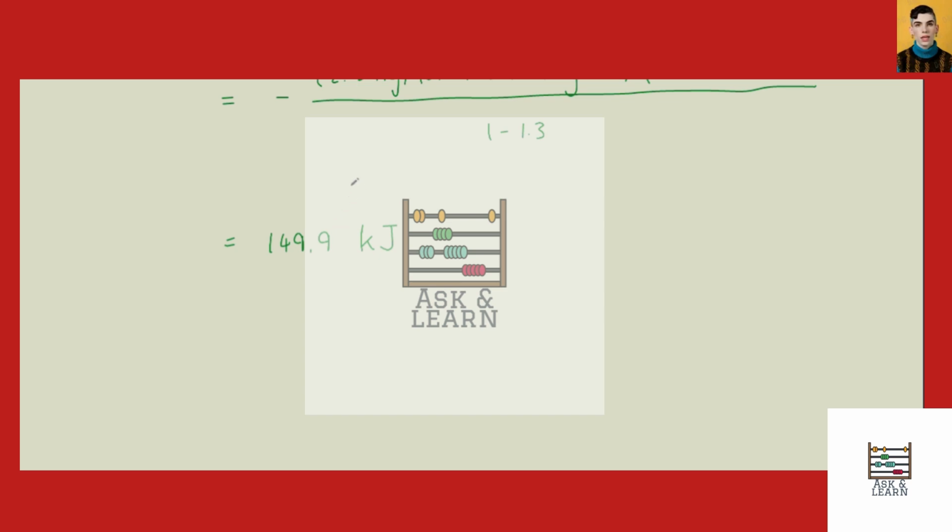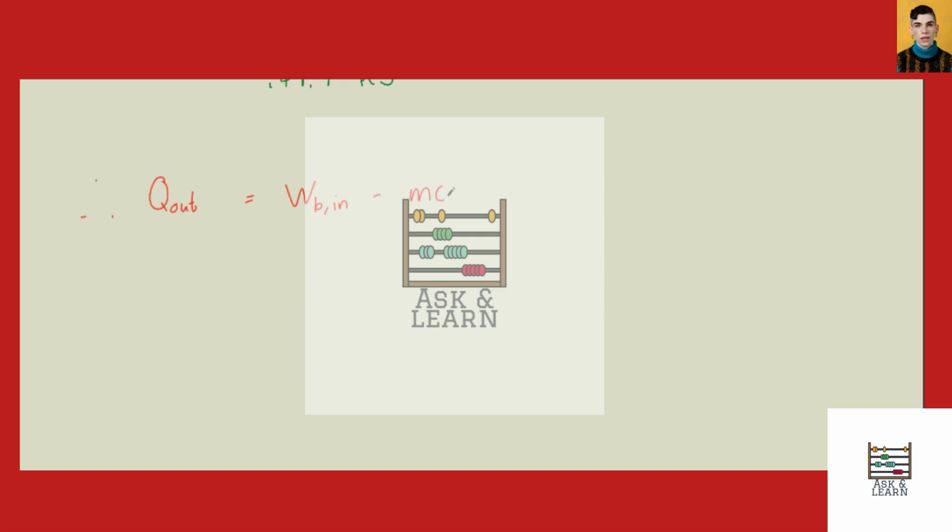So now we have the final temperature of the system as well as the boundary work done. So we can actually calculate the heat transfer. The heat that leaves the system, Q out, is equal to, from our energy balance equation above, the boundary work into the system minus m Cv times (T2 minus T1). And we'll put in our values here. So this is 149.9 kilojoules.